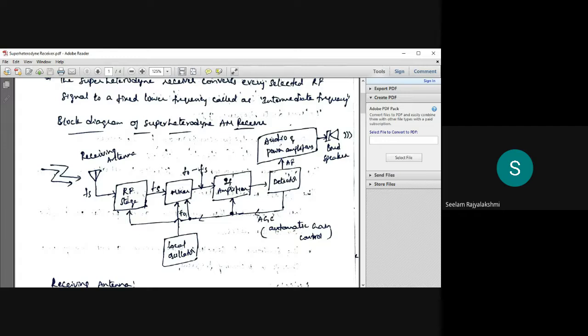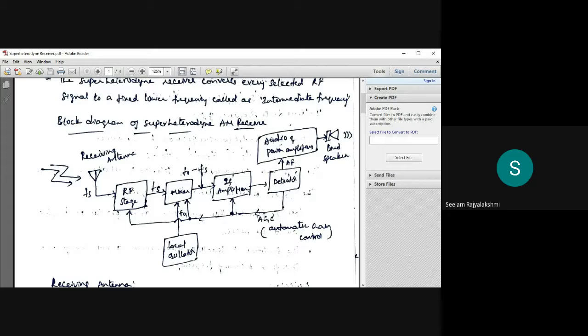That means AGC controls the RF stage and IF amplifier stage. This keeps the level of the output voltage constant even if the input signal at the receiving antenna fluctuates.